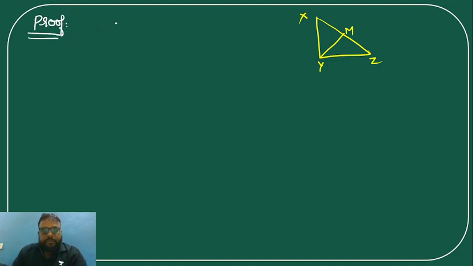Now given, according to the question, area of triangle XYZ is equal to A, right? Here it is already told to us that this is b, we took it as b already. Now what is the formula for area of triangle? It is half into base into height.